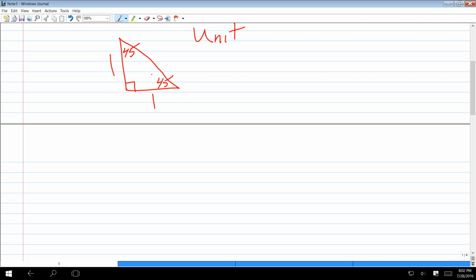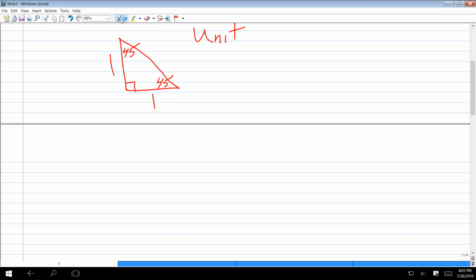In other words, this happens to be an isosceles triangle. Sides are equal. And if you have equal angles, then the sides opposite them have to also be equal. There's no way that could be 1 and that could be something other than 1. Okay? So that's 1, 1.